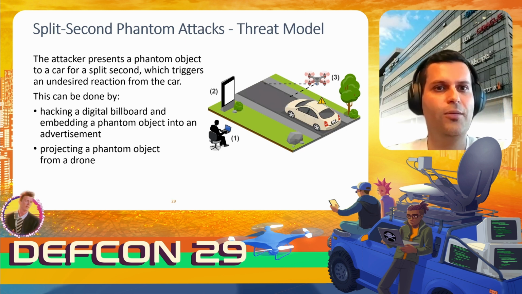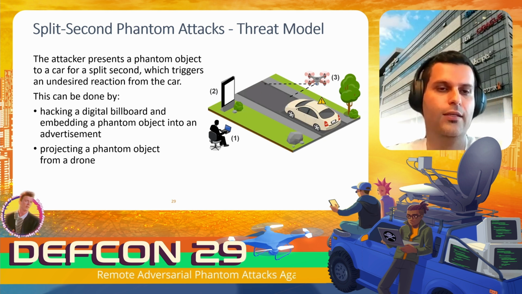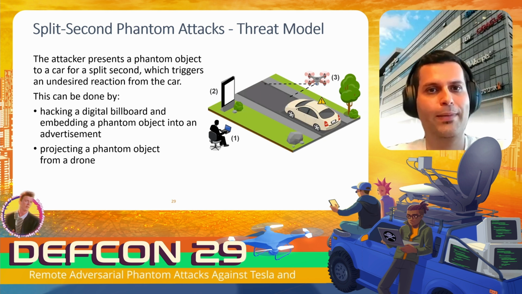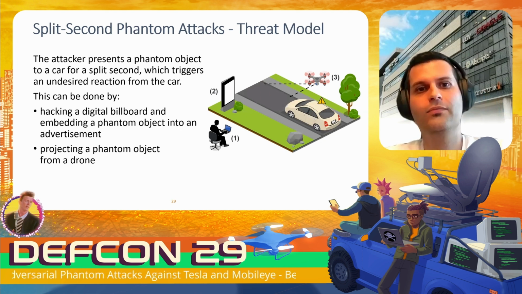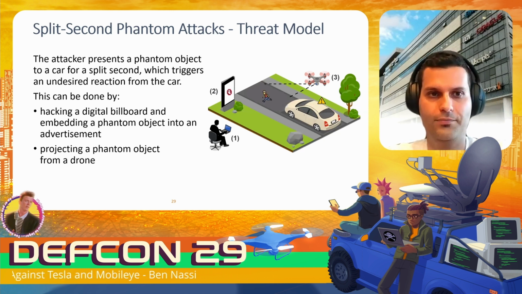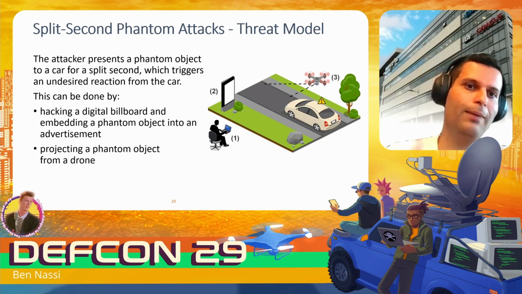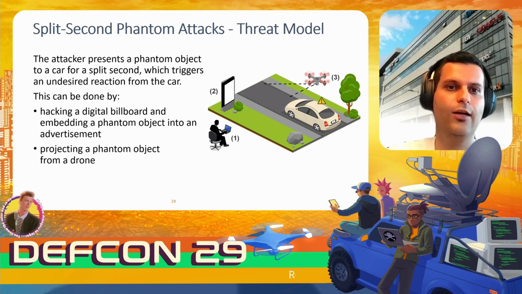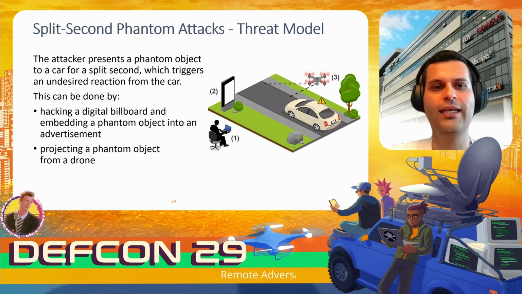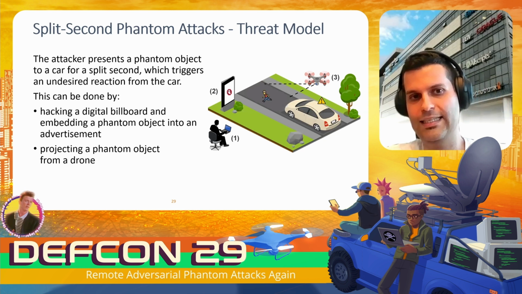Split-second phantom attacks are attacks where the attacker presents a phantom object to a car for a split second, and this object triggers an undesired reaction from the car. And this can be done by attackers by, for example, hacking a digital connected billboard and embedding a phantom object into an existing advertisement.